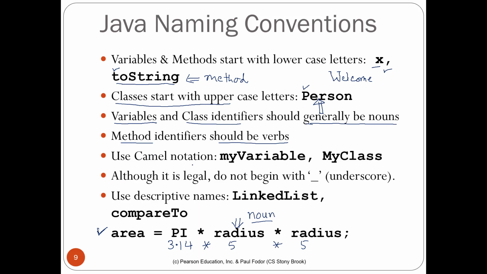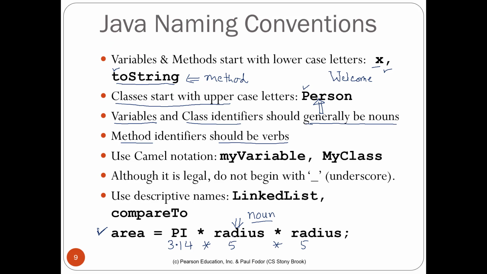This camel notation is interesting, and camel notation applies to compound variables. So what is a compound variable? Let me tell you about that. When you are creating a variable, sometimes we can write a variable like radius. Radius is not compound, because if you have to define the radius, you will simply write radius.